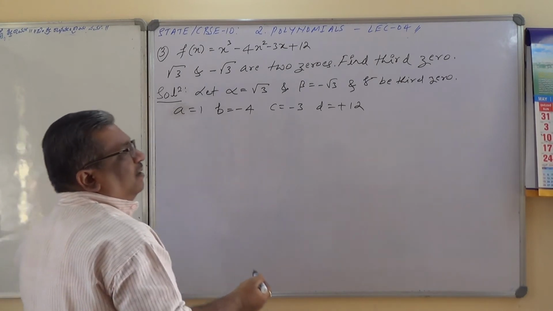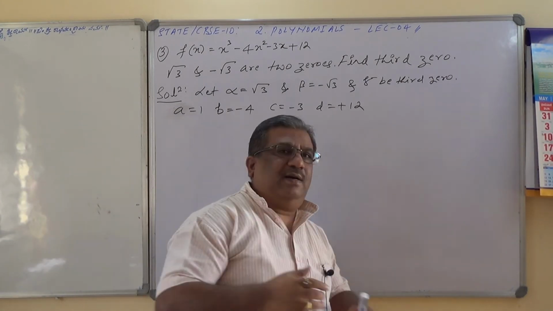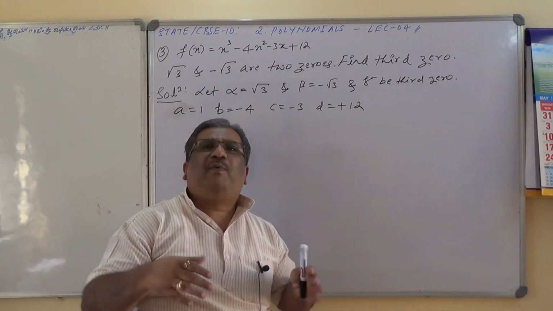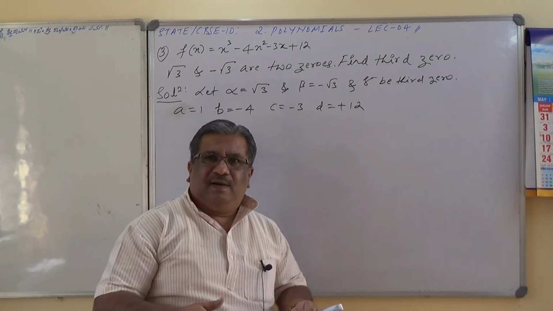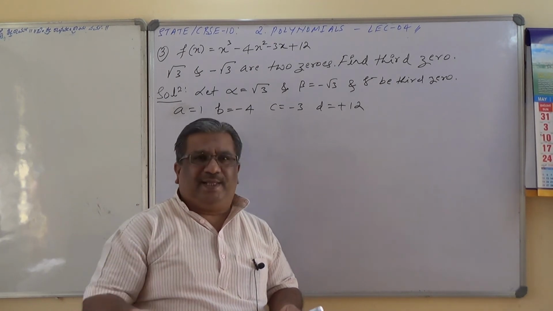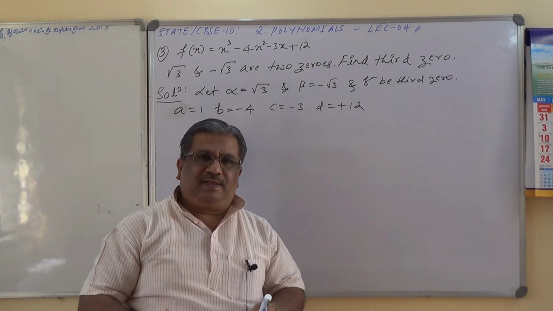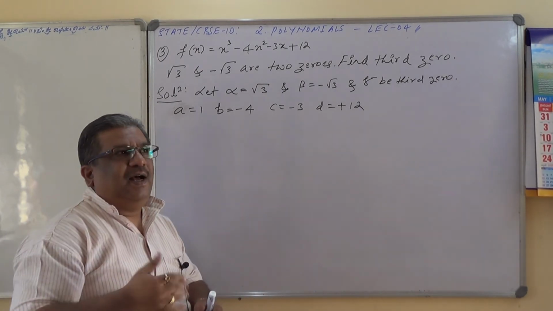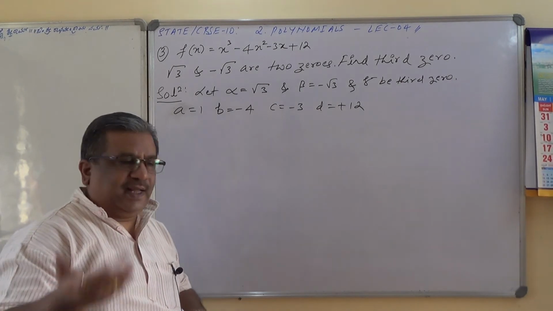Let me see if maybe I may get the answer in sum of zeros or product of zeros or sum of product of two zeros taken together. In any one of these, I should be able to find out the third zero. I do not know really, so I have to try this now.